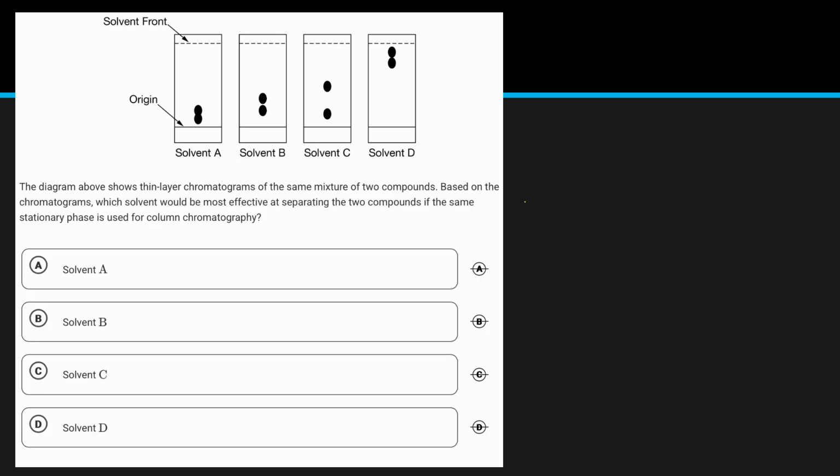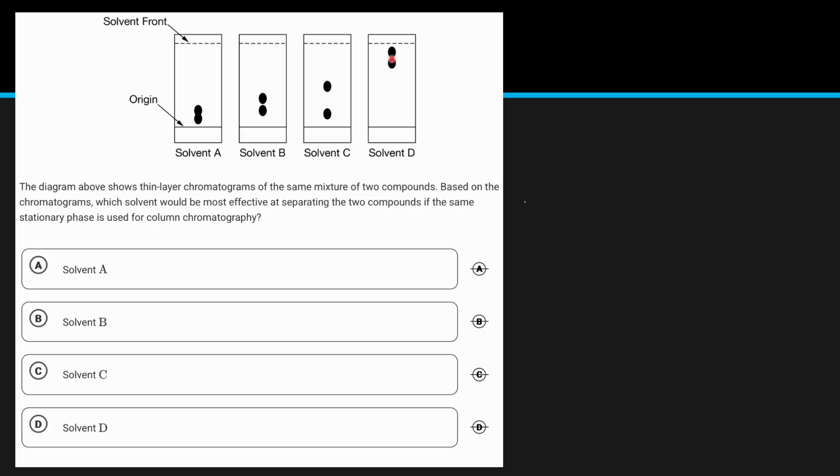So on a TLC plate, if the spots are too close, then there is poor separation, which means in a column, those fractions are going to be overlapping and it's not going to show very well in column chromatography. So really, solvent A, B, and D are all very close to each other, which means it's going to make for a very hard column chromatography because we're not going to be able to see where those individual components are lying.